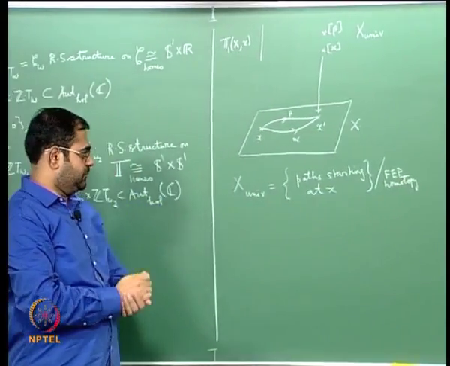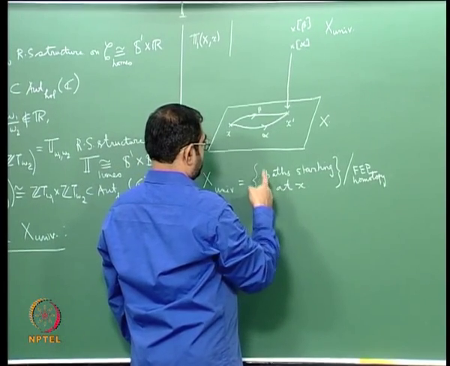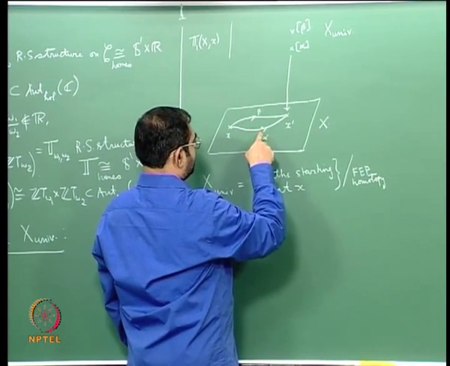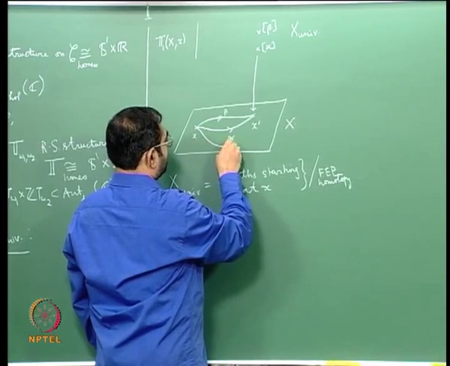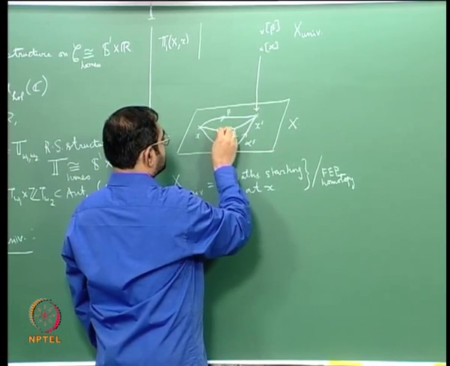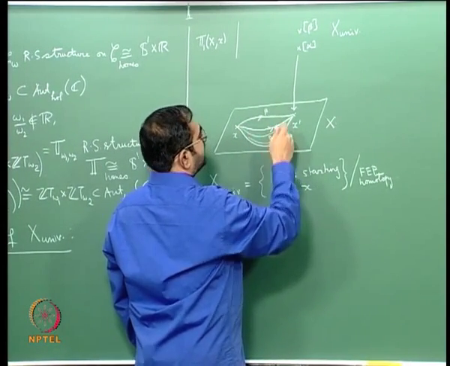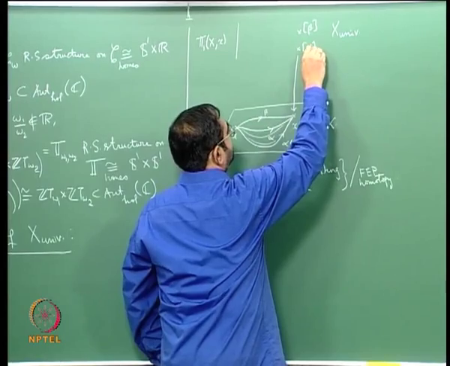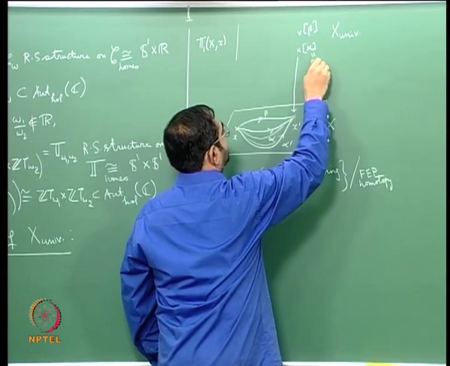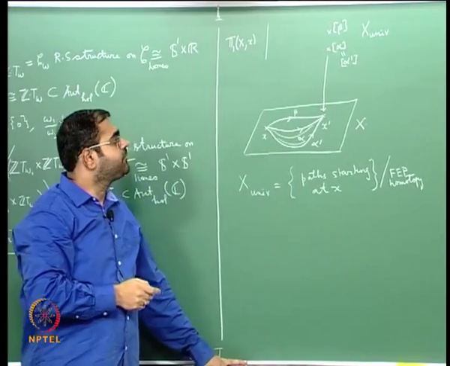Okay, so if alpha and alpha prime are two paths such that alpha can be deformed continuously to alpha prime, then they will give rise to the same point above in the fiber over x prime.